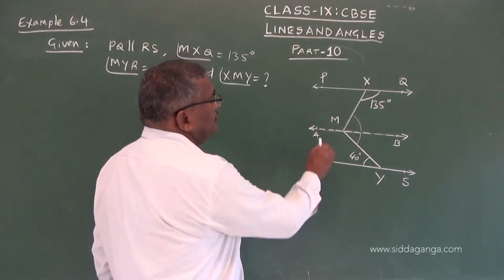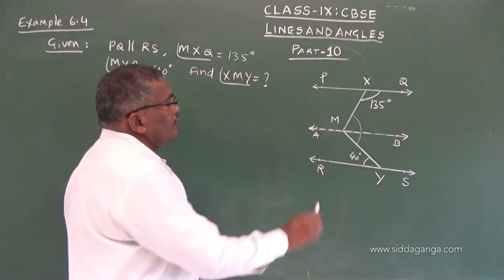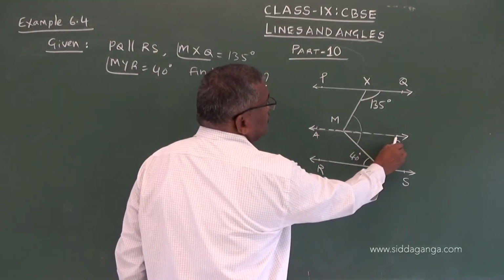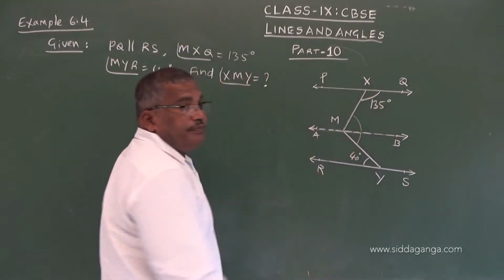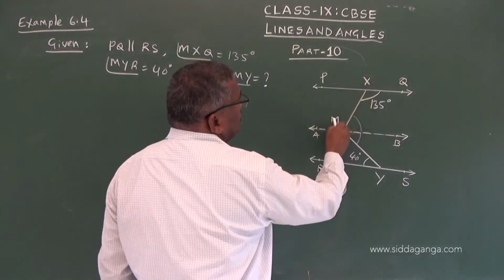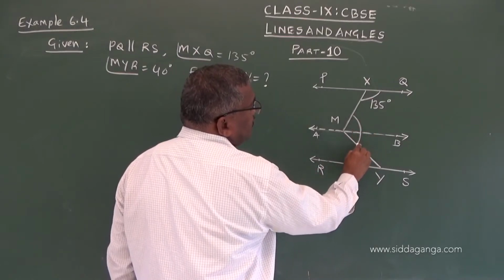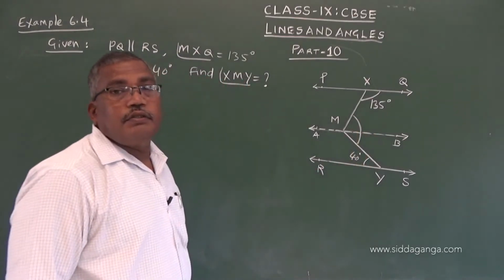Now, see, this dotted line is our construction. It was not given in the problem. We have drawn a line AB which is parallel to PQ. So now the question is the total angle XMY, which we have to find out.